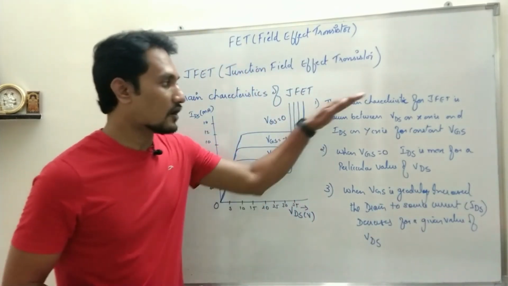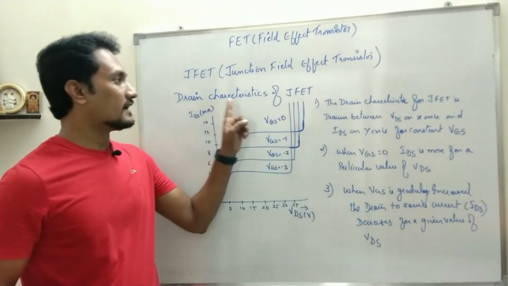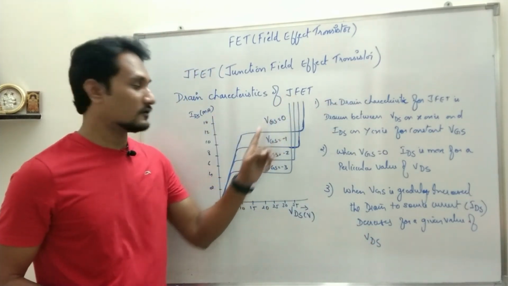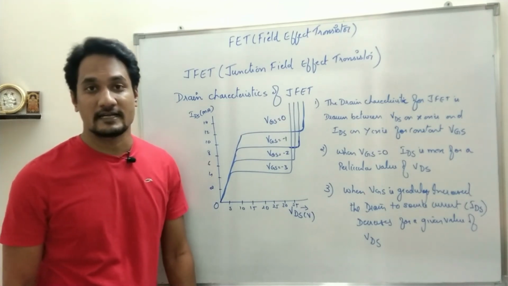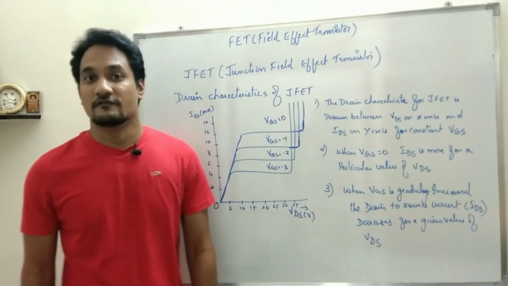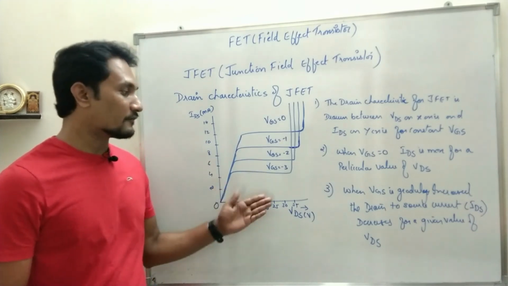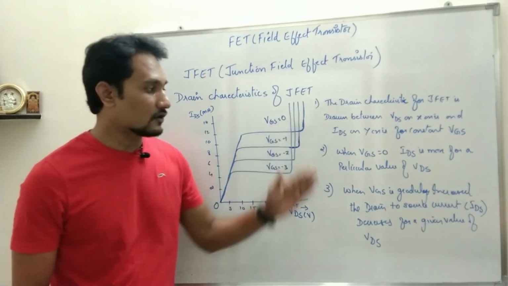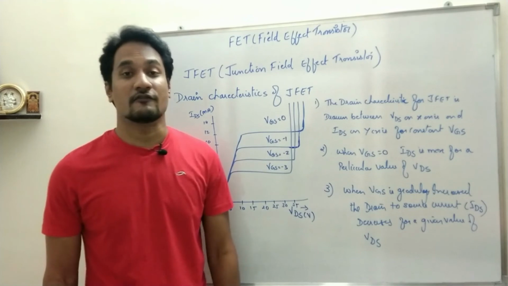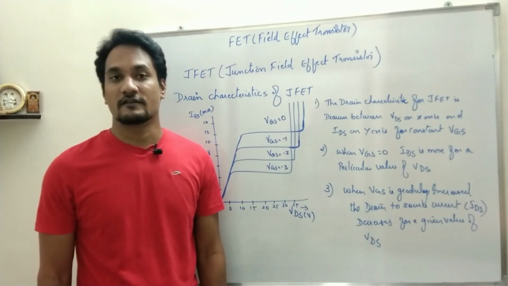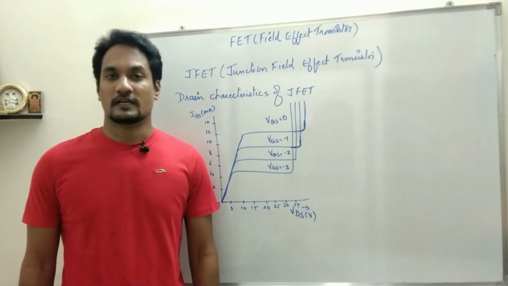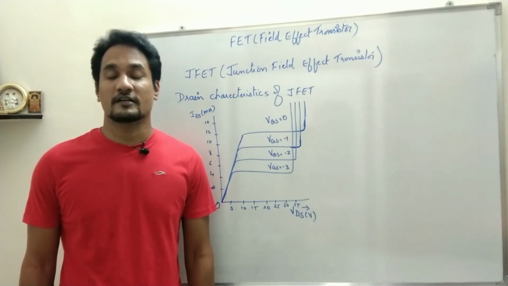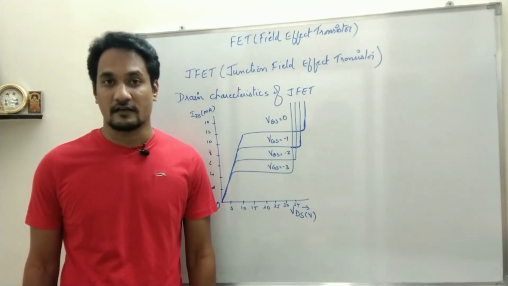So these are the observations of the drain characteristics of JFET from the graph drawn between VDS and IDS for a constant value of VGS. Keeping in reference this graph and these observations, we will try to understand a few parameters of JFET which are there in your course.